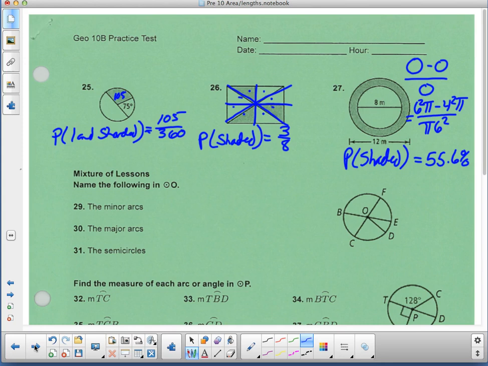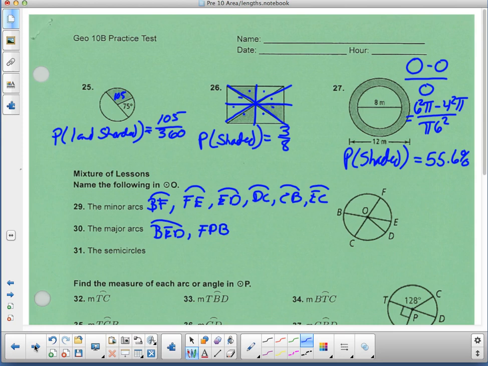Okay, arcs in this next one. I've got arc BF, minor arc. Minor arcs are named with 2 letters. Major arcs are named by 3 letters. Remember, I start at one, I end at the last one, and I go by way of the middle when I'm thinking about these major arcs.